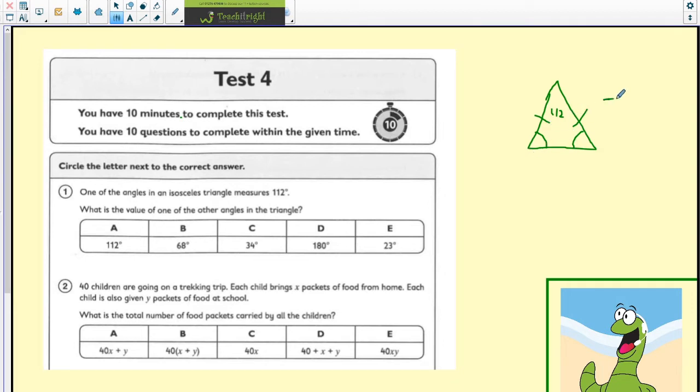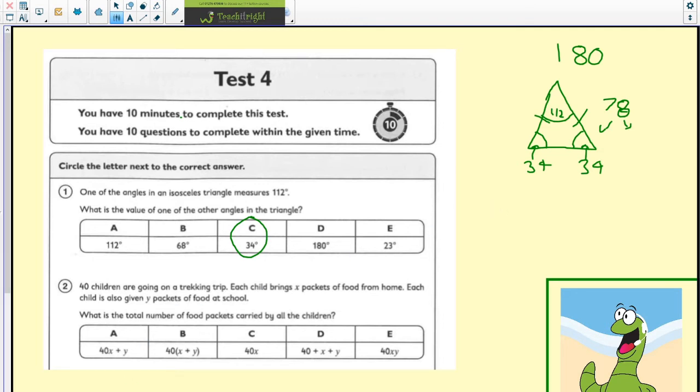So I would find whatever's left is 72. Sorry, no, 78. And then half of that will go to each. So I've got to do half of 78, which is 39. And that's using the rule that all the angles add up to 180, and that these two angles must be the same for it to be an isosceles triangle.